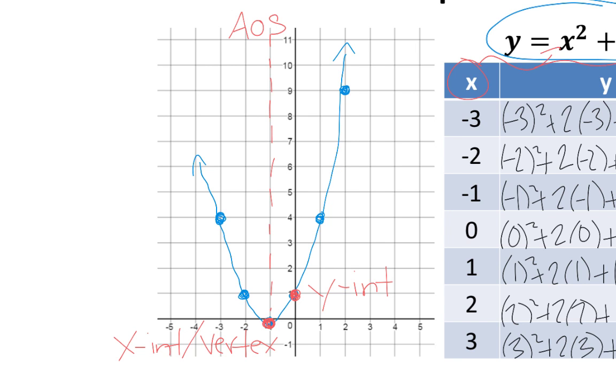So I'm going to write that on the side. Opens upwards, and there is a minimum since the vertex is at the lowest point of the quadratic relation. And in this situation, the minimum appears to be 0.